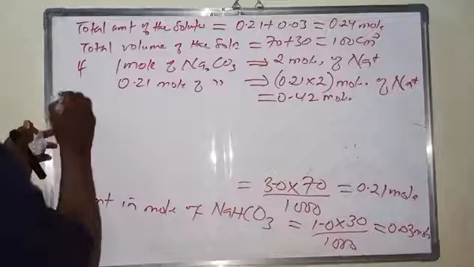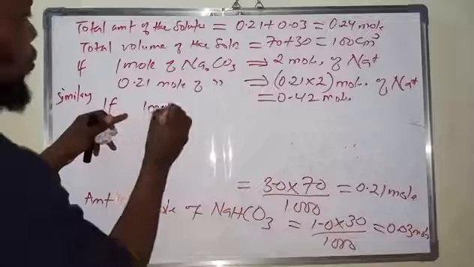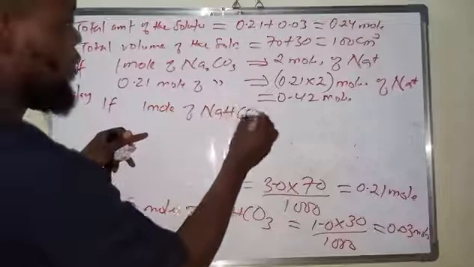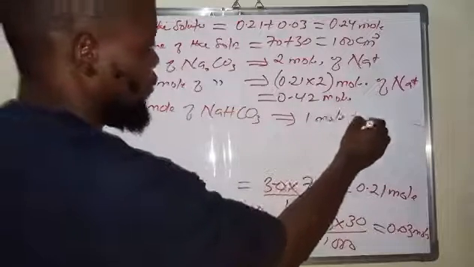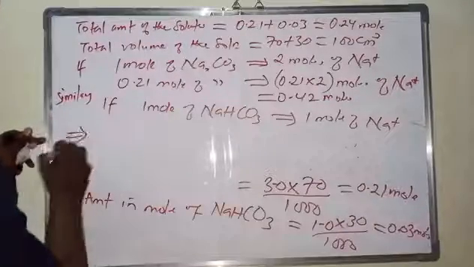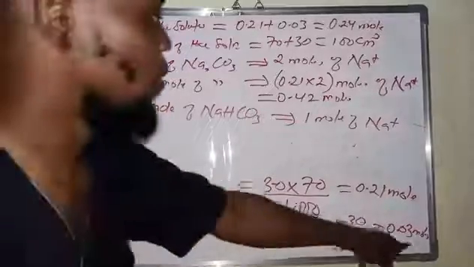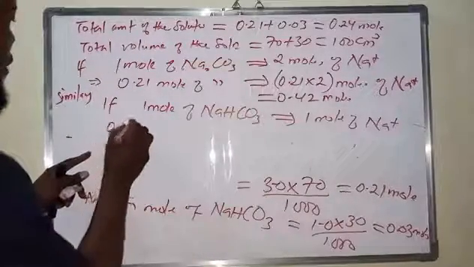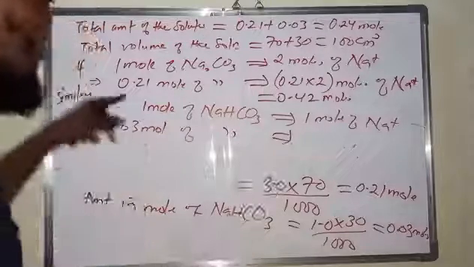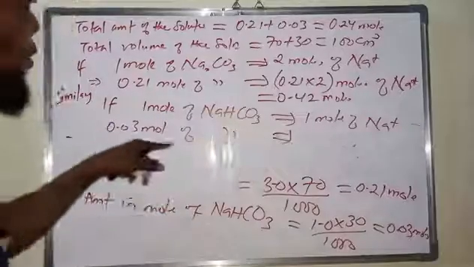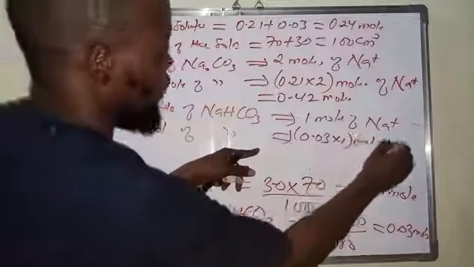Now we do the same thing. Similarly, if 1 mole of sodium bicarbonate gives 1 mole of sodium ion, then 0.03 moles of the same bicarbonate will give 0.03 mole of sodium ion.